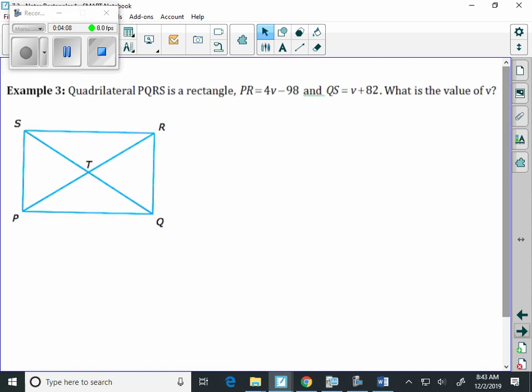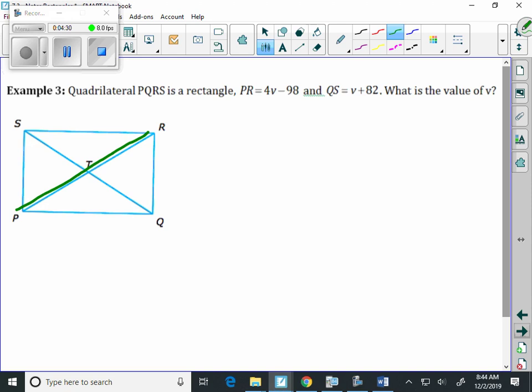But as we finish here, we've got a little bit of algebra to work with on these last 3 examples. And it says quadrilateral PQRS is a rectangle. And what we know is that PR is 4V minus 98. So the whole length here is 4V minus 98, this length.